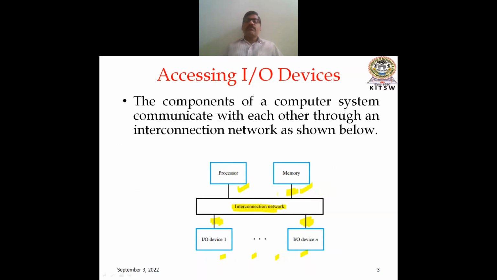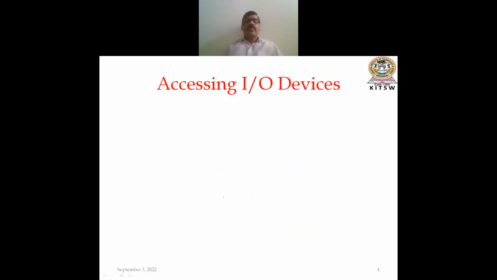The components of a computer system, the processor as well as the memory, communicate with each other through an interconnection network, as shown in this diagram.